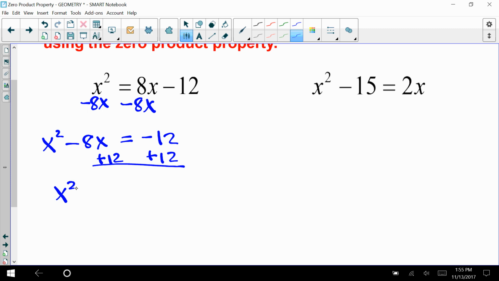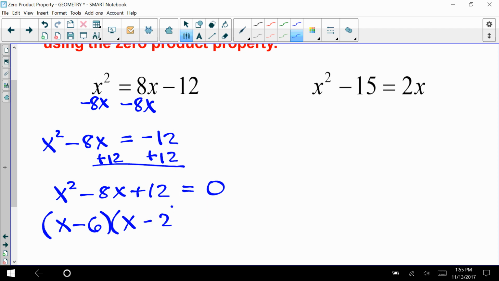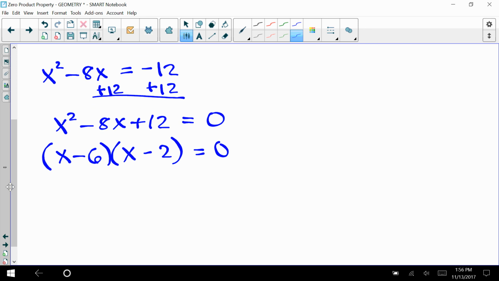So we get x squared minus 8x plus 12 equals 0. So we want to look for factors of 12 that add up to negative 8. So if you said x minus 6 and x minus 2, that works. So up here, when you're rearranging, you can do this all in one step, but just be careful with your signs. Just wanted to show you how you can rearrange carefully.